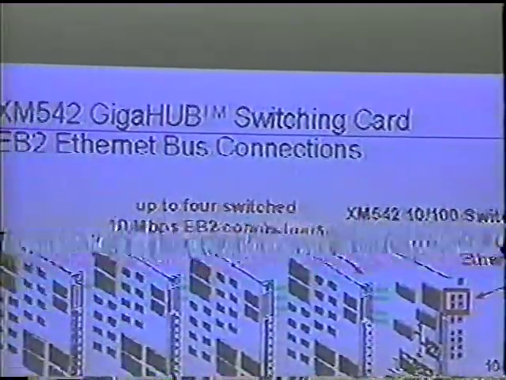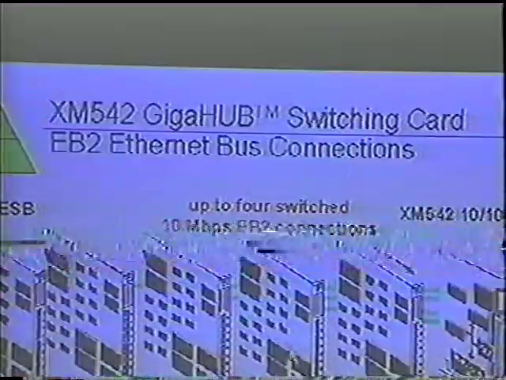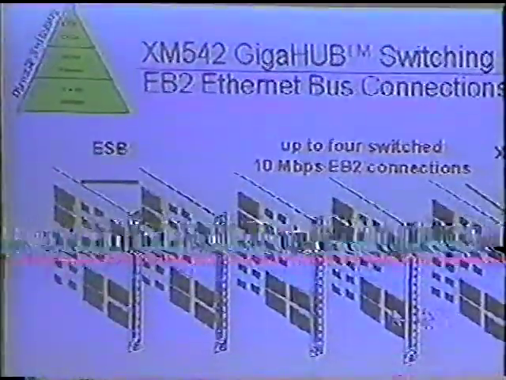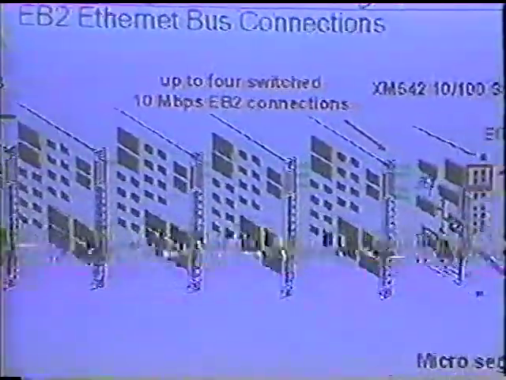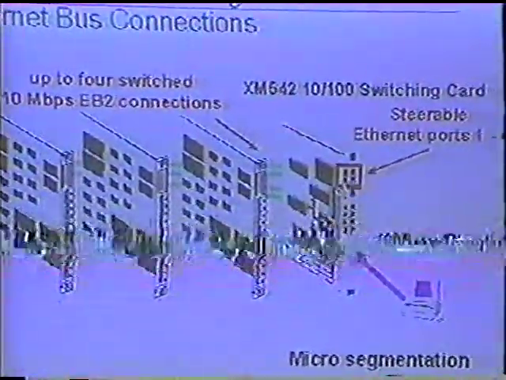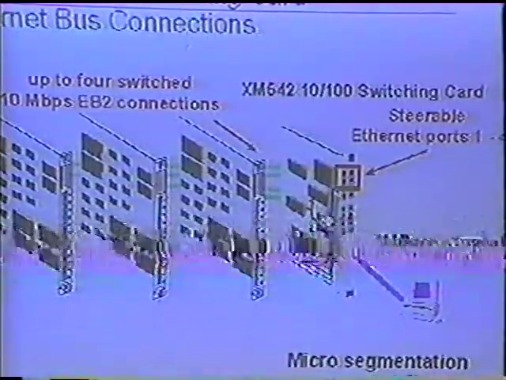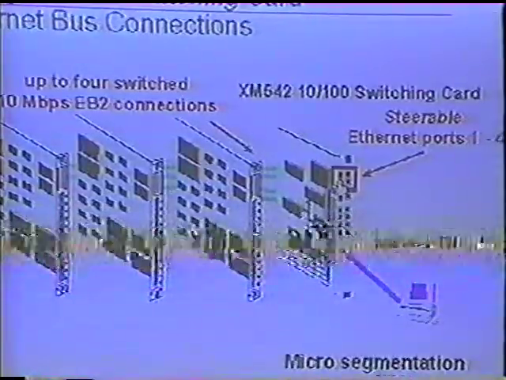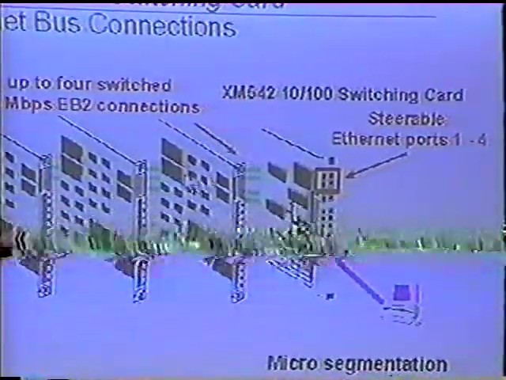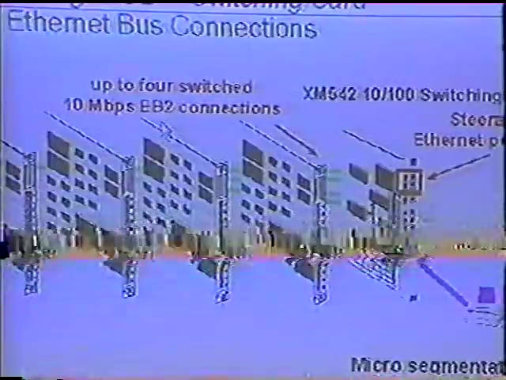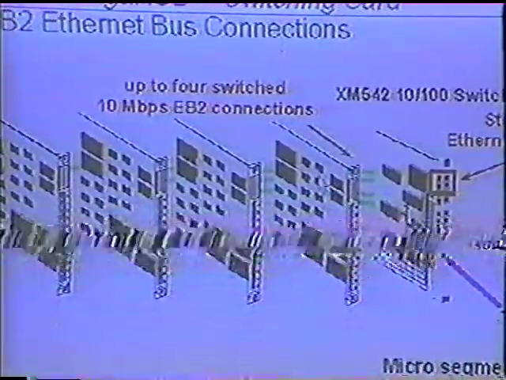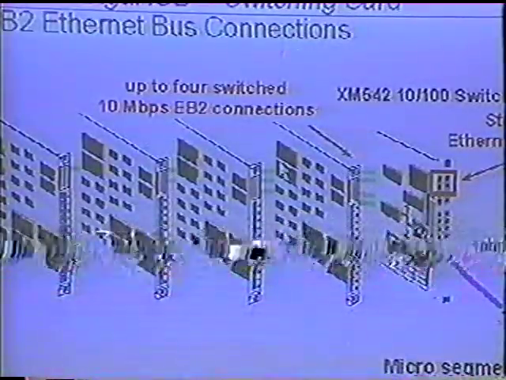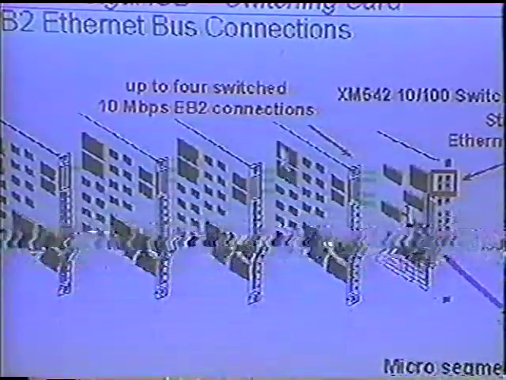And this slide shows you again the connection into the matrix bus. In this example, we tied one of the 542 switching cards, which have a lot of 10 base and 2 10/100 ports, to the repeater cards via 4 of the Ethernet buses. Each of the repeater cards is connected to one of the EB2, which is one of the buses.